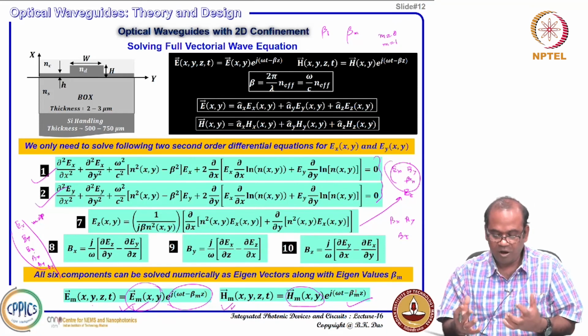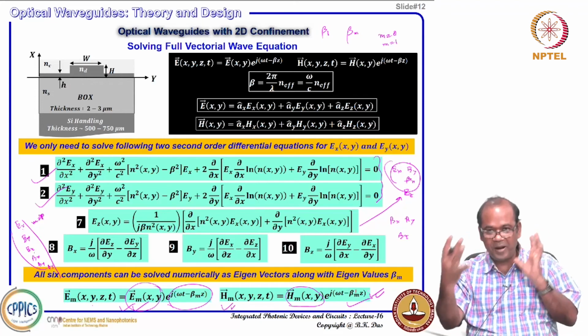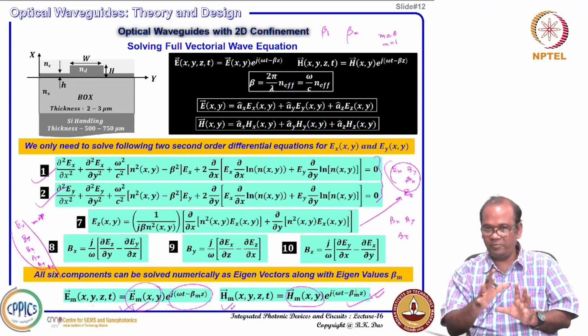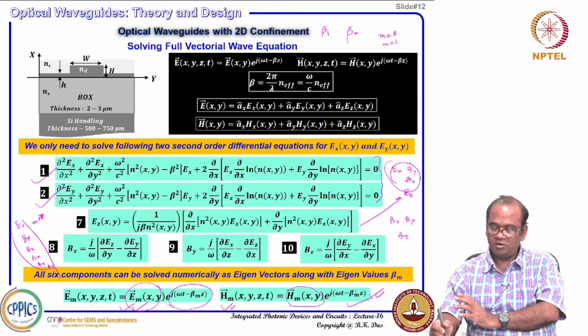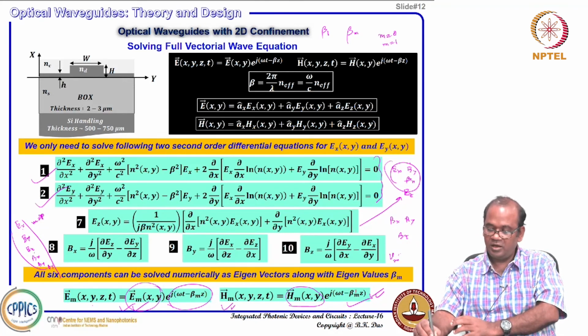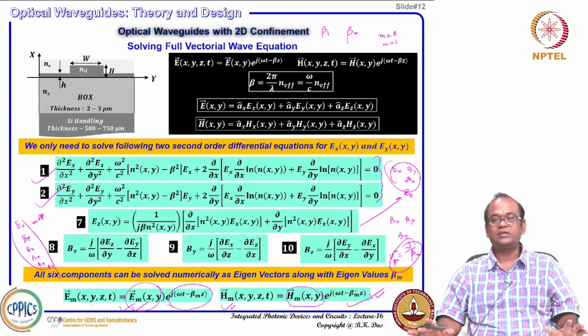So the identity of all these components is carried by this one. They have a particular pattern of field distribution in the xy plane, and that pattern will be travelling with a certain phase velocity, Vp m, which we write as omega by beta m, the phase velocity.